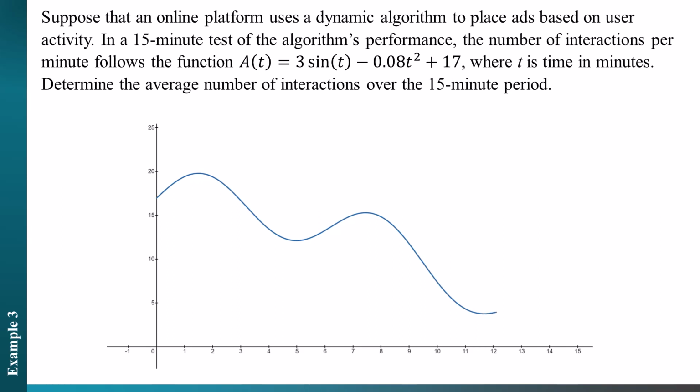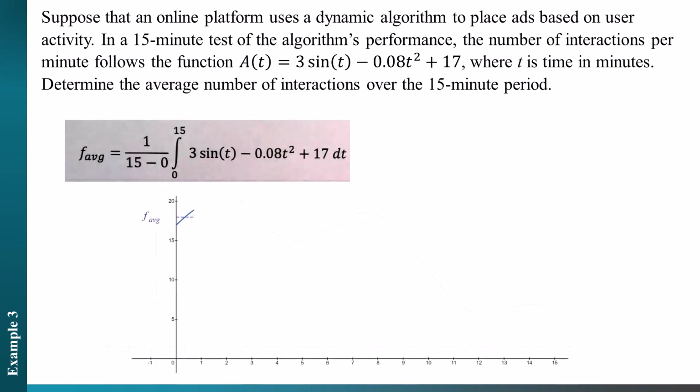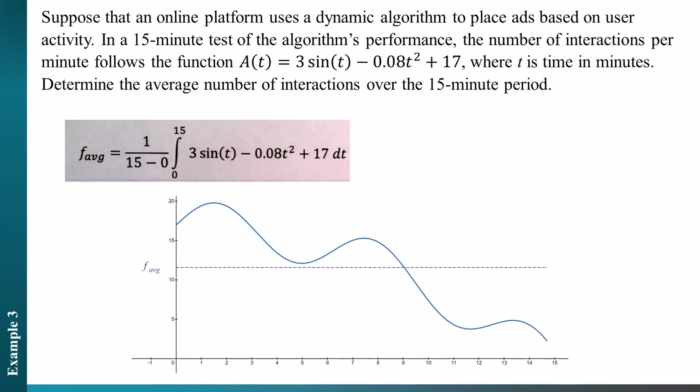We want to determine the average number of interactions over the 15-minute period. The average value of a of t over the interval from 0 to 15 is 1 over 15 minus 0 times the definite integral from 0 to 15 of 3 sine t minus 0.08 t squared plus 17.